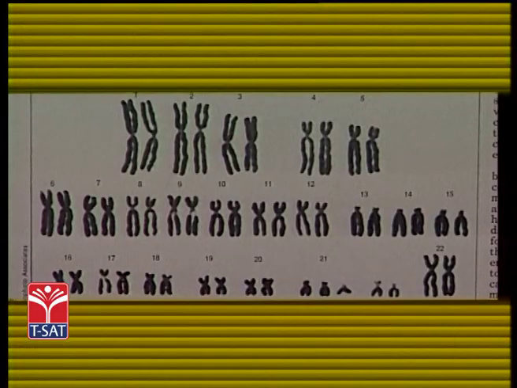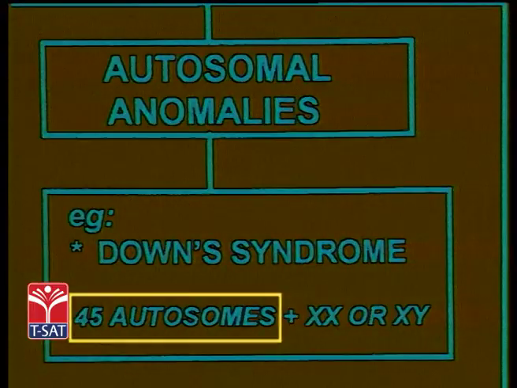If you see the karyotype of this person, he possesses 45 autosomes plus XY or XX. In this disorder, we can see that the autosomes he possesses are 45 instead of the normal 44.